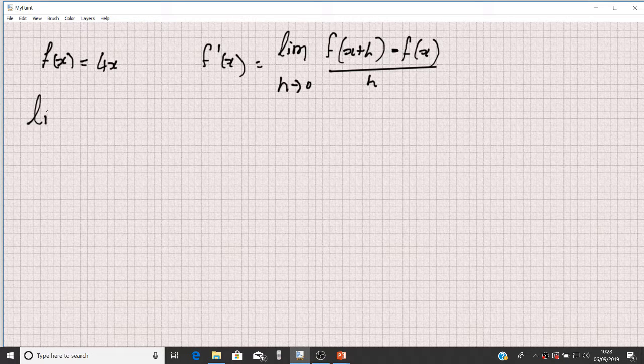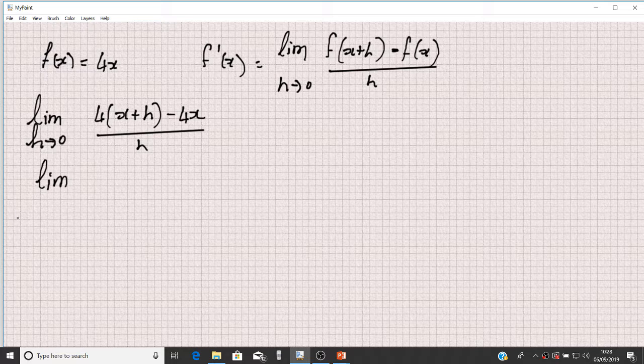So we're looking at the limit as h is approaching 0 of 4 times x plus h minus 4x, all divided by h. And I'll expand that: the limit as h approaches 0 of 4x plus 4h minus 4x, all divided by h.